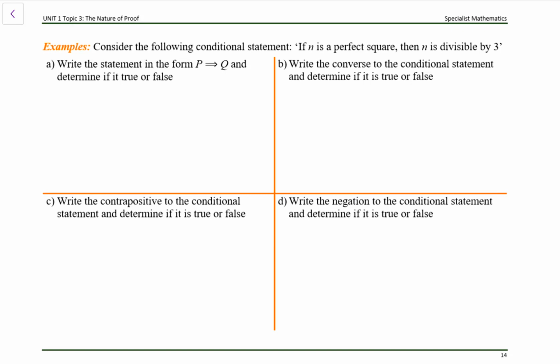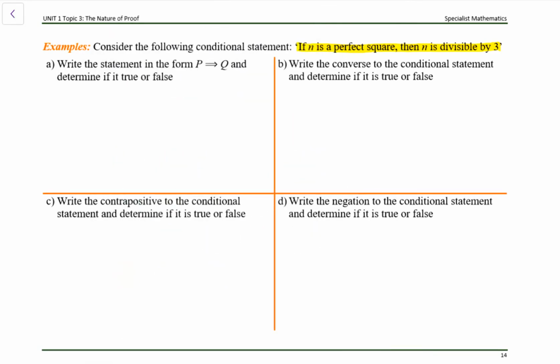Let's look at some examples. Consider the following conditional statement. If n is a perfect square, then n is divisible by 3. Okay, if n is a perfect square, then n is divisible by 3.